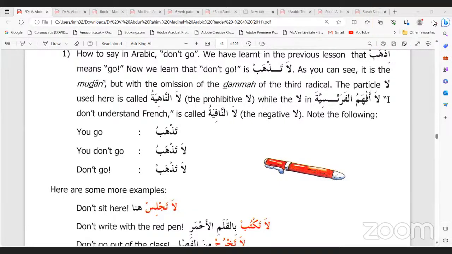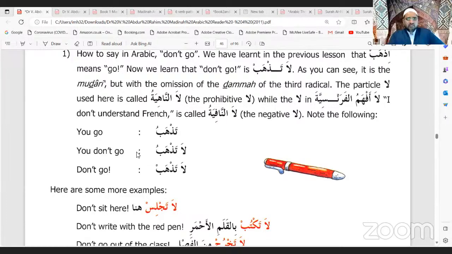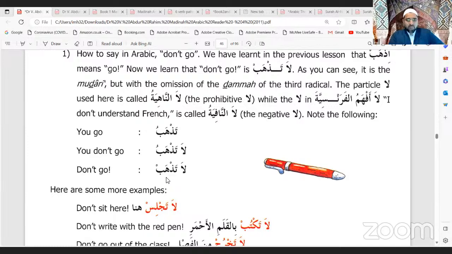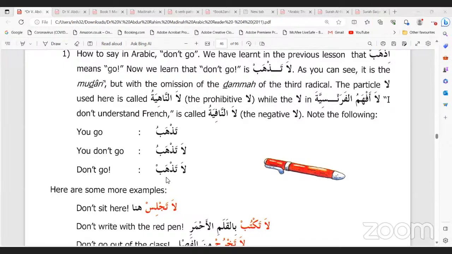Note the following. You go, tadhhabu. You don't go, la tadhhabu. Don't go, la tadhhab. The bottom one is la nahiya. You don't go, la tadhhabu, and don't go, la tadhhab.